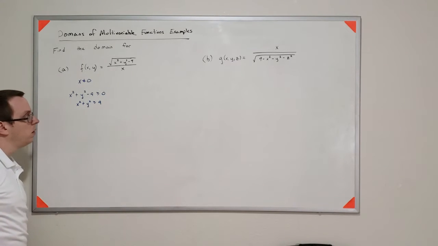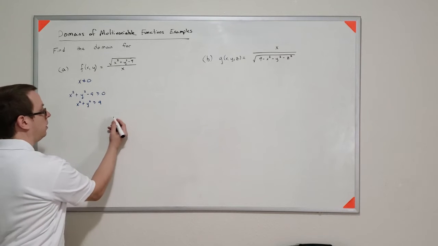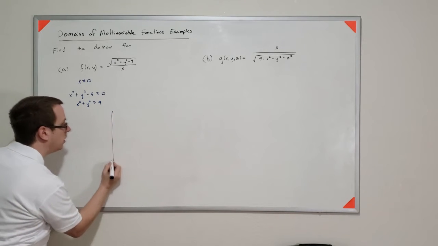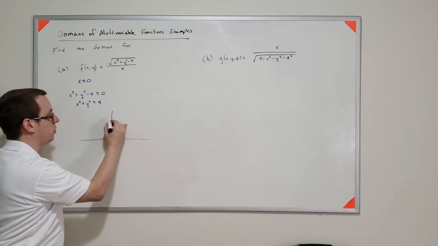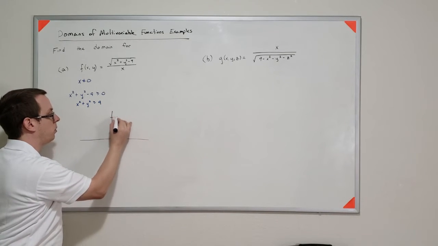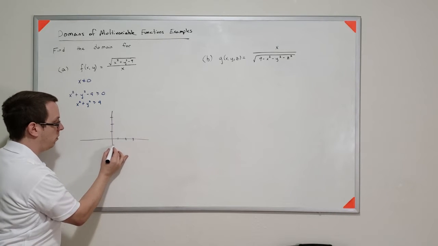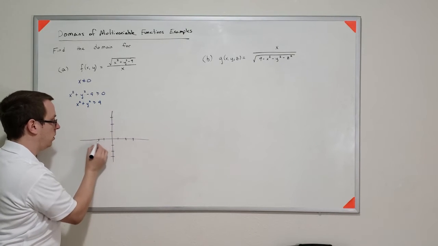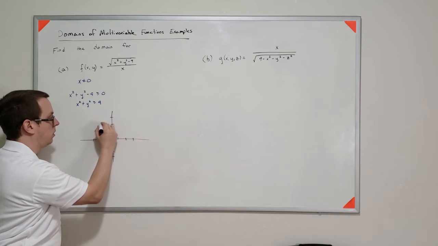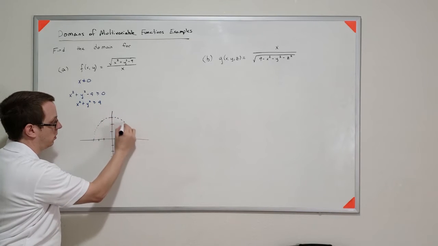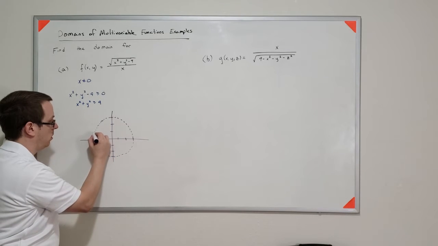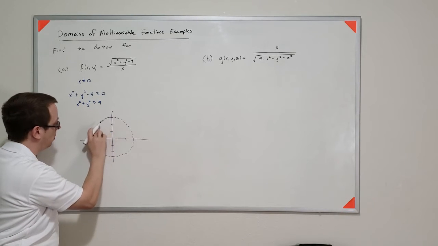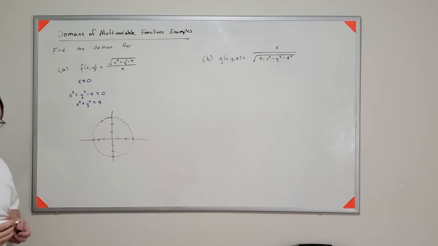So to graph that, if I think about this circle of radius 3, so 1, 2, 3, it's not the most perfect circle ever, but that's a dashed circle.